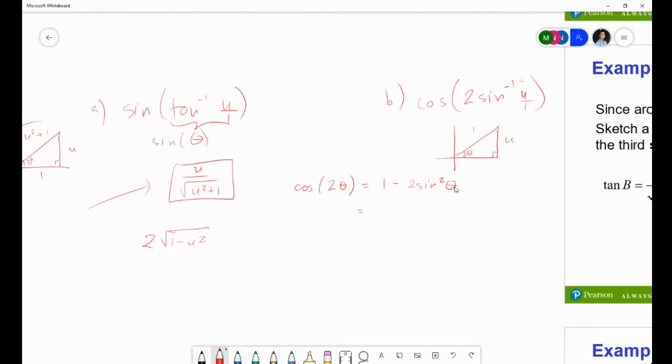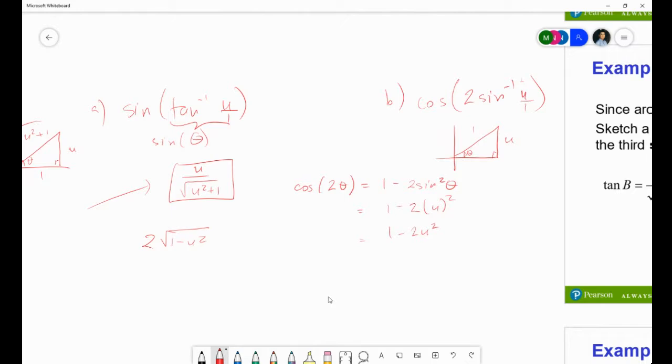We have a formula for it. We have a triangle for it. So we basically can find out what it equals, right? All right, so now sine theta is just u over 1, which is u. So here we got 1 minus 2u squared. That's it. The end.